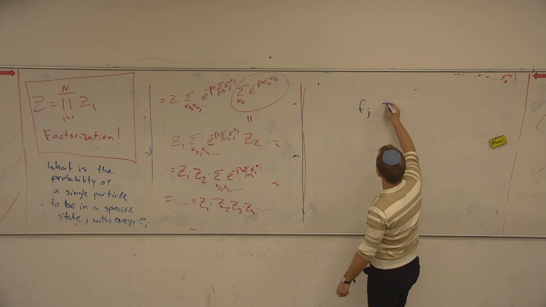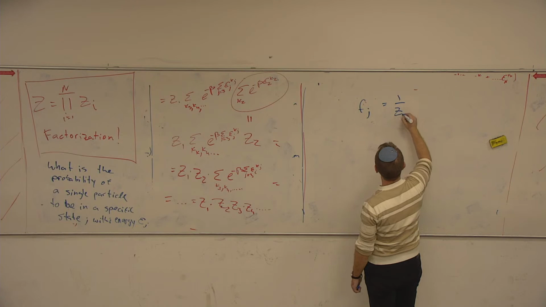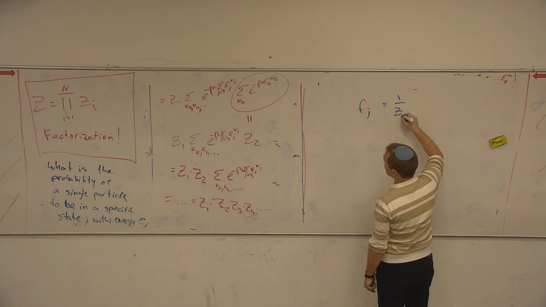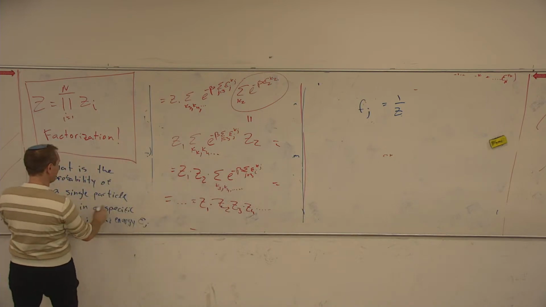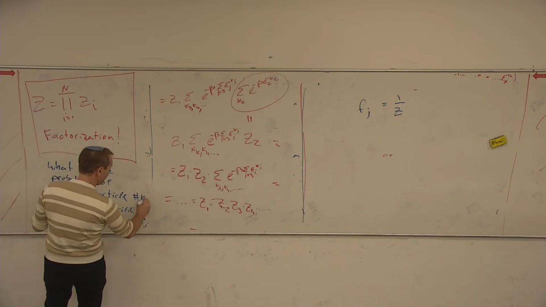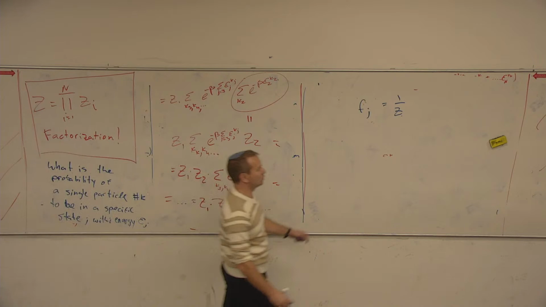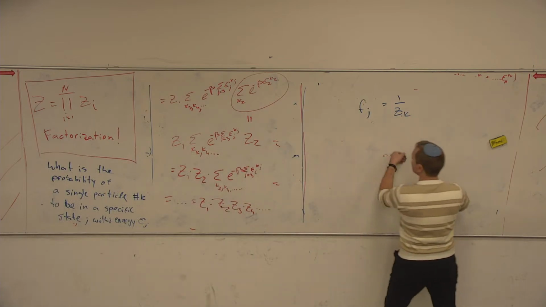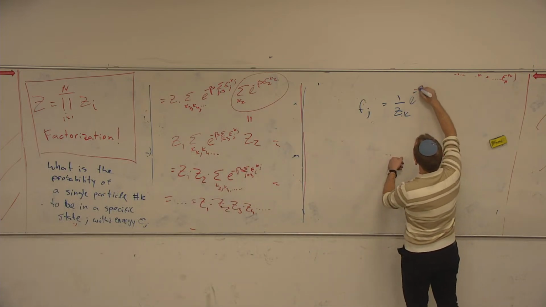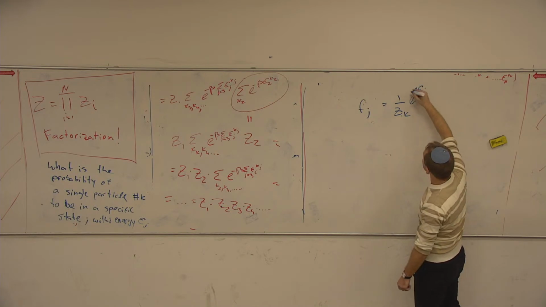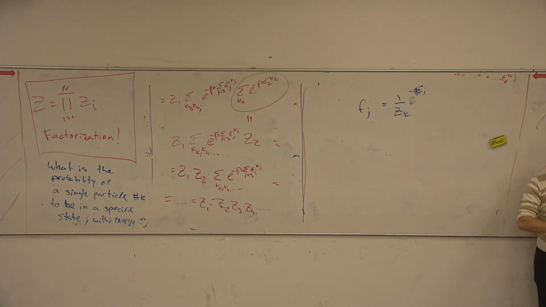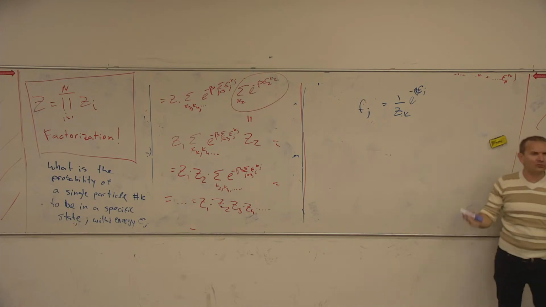F of J equals 1 over Z. What is the probability of a single particle number K? It's going to be 1 over Zk e to the minus epsilon J multiplied by beta. I treat it as if it's a macroscopical system.